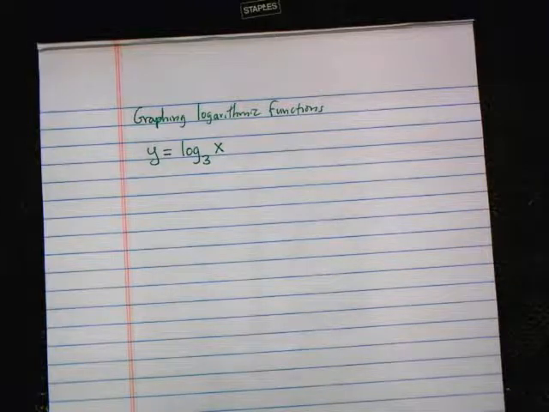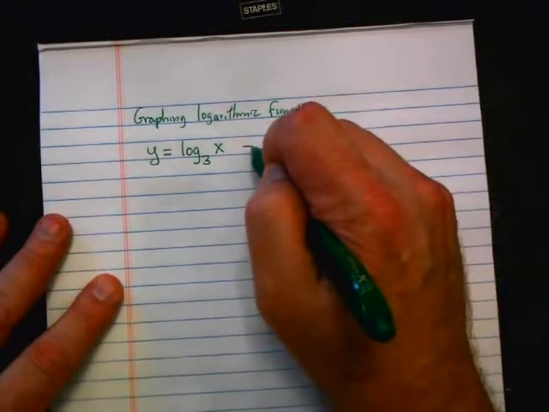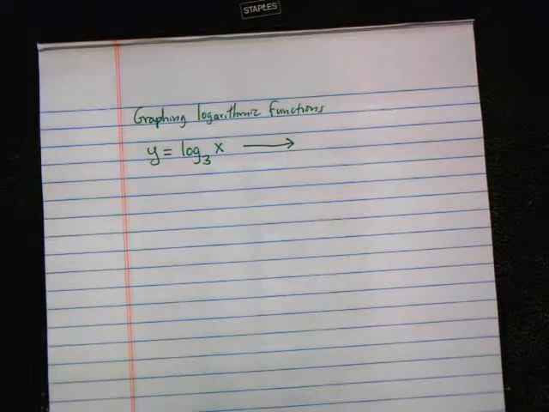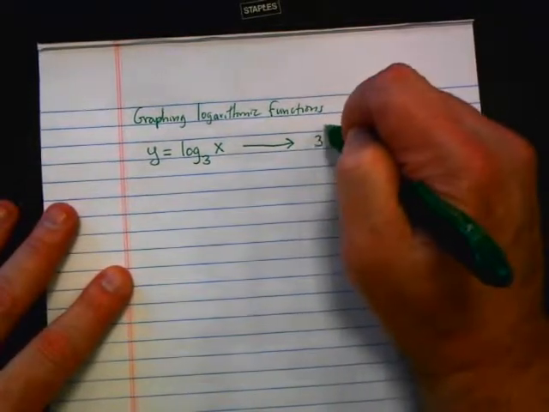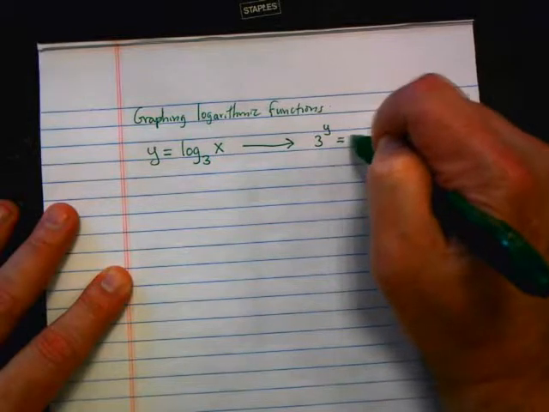Here's the way I graph it. I take this and I rewrite it in its exponential form. So what would this look like in exponential form? What's the base? 3. The base is 3, so it's 3 to the y equals x.